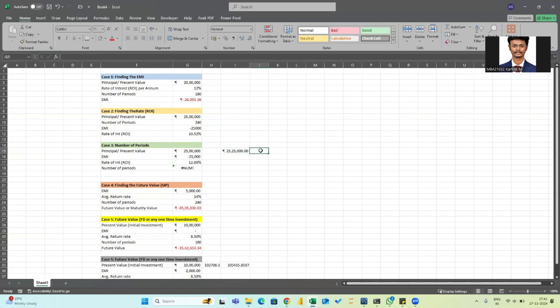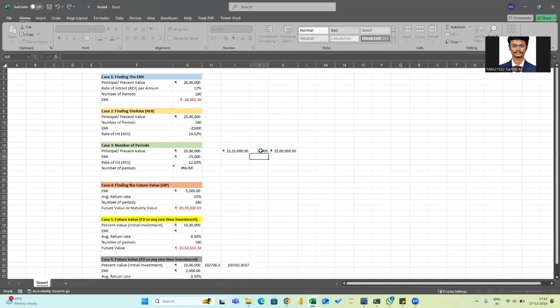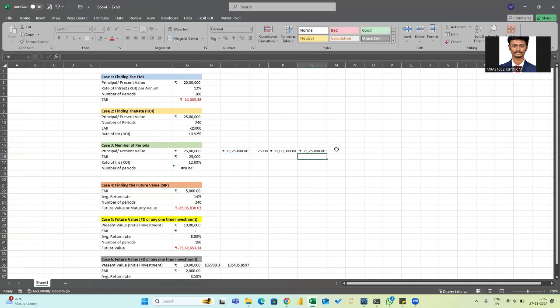At the end of 1 month, the outstanding amount becomes again 25 lakhs. The next month it comes to this value, you pay 25,000, and again this becomes 25 lakhs.